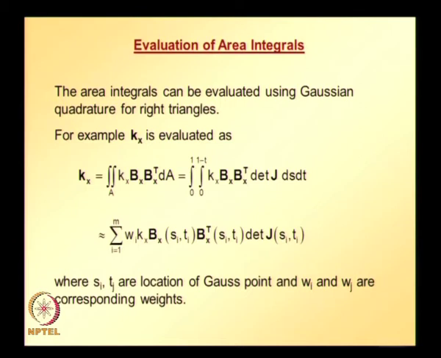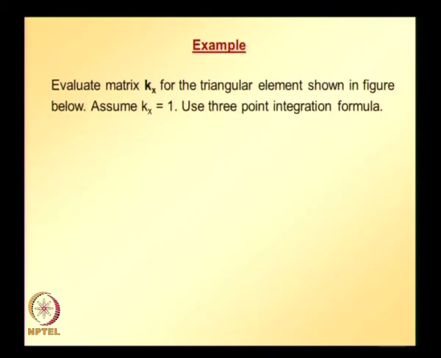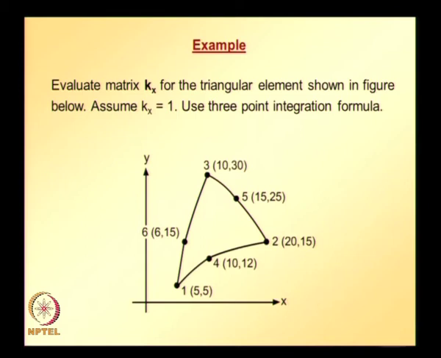To illustrate this, let us take an example. Evaluate matrix Kx for the triangle element shown in the figure below. Assume coefficient Kx is equal to 1 and use the 3-point integration formula. This is the 6-node triangle element that is given, and from the information in the figure we can easily figure out the nodal coordinates. So, we can write all the x coordinates and y coordinates in vector form, and that is the starting point.